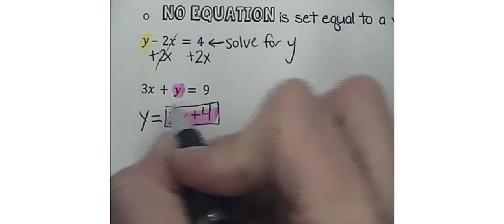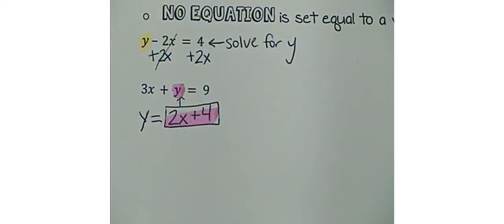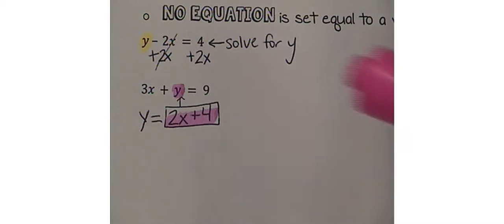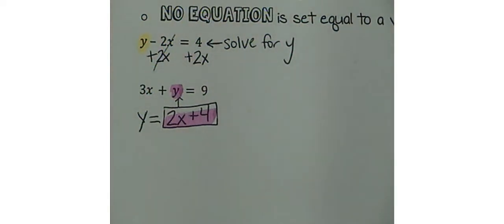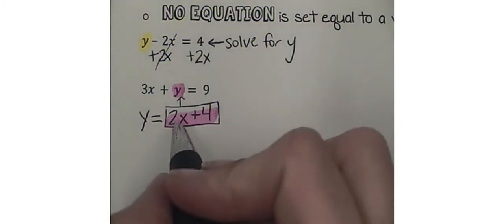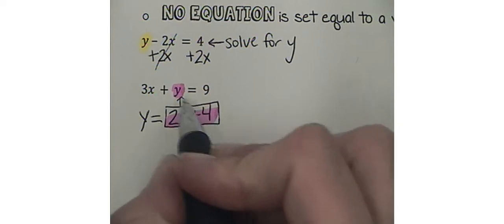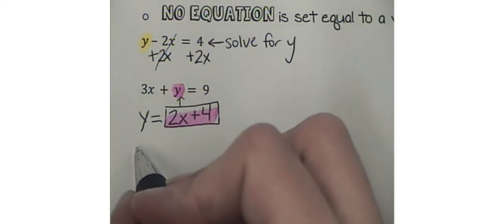So from here on out, everything is the exact same that we've done or learned previously about substitution. The only thing new was this first step here. Okay, so I could have my day 1 note sheet out in front of me, and I can follow steps 1 through 5 if I need to from here on out. So I'm going to take this 2x plus 4 and put it into the second equation where I see y.